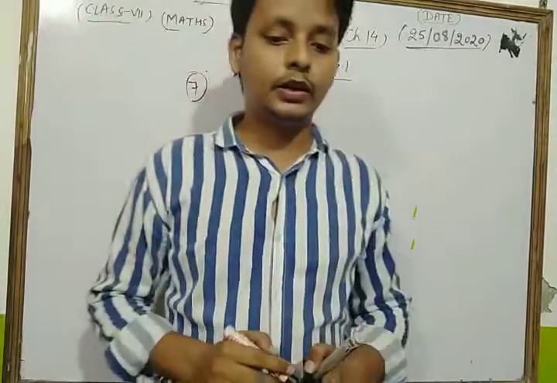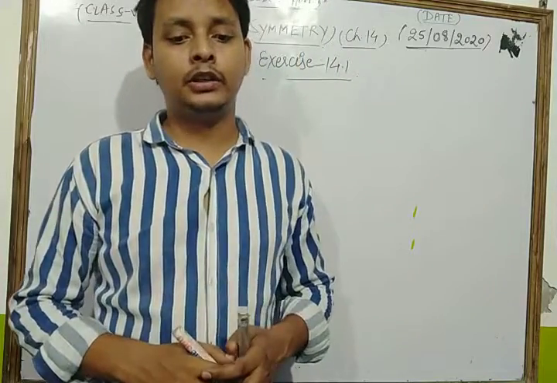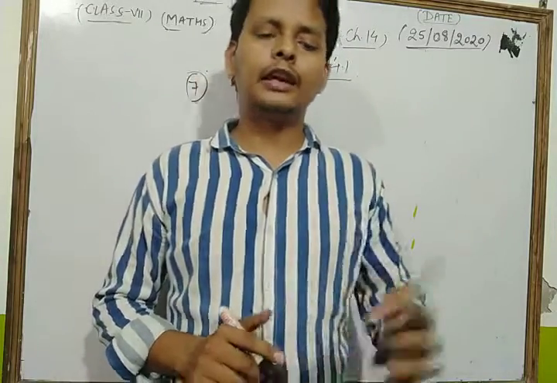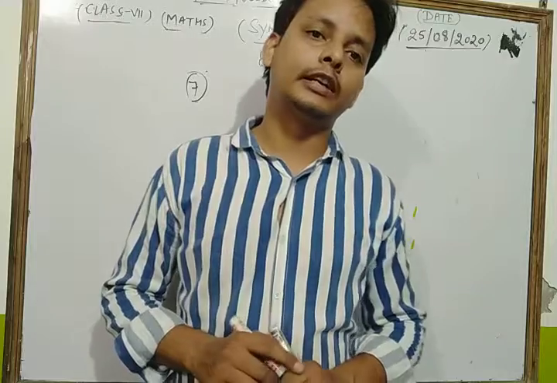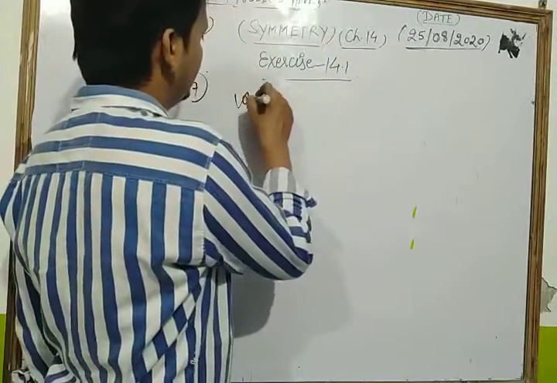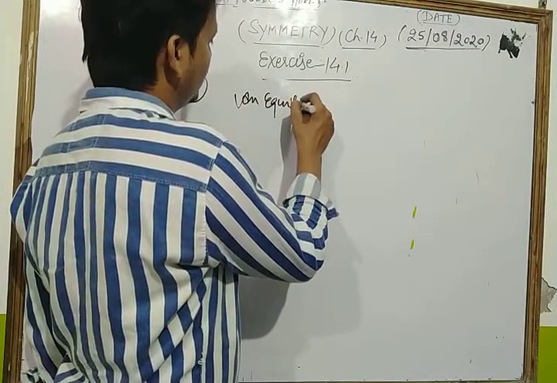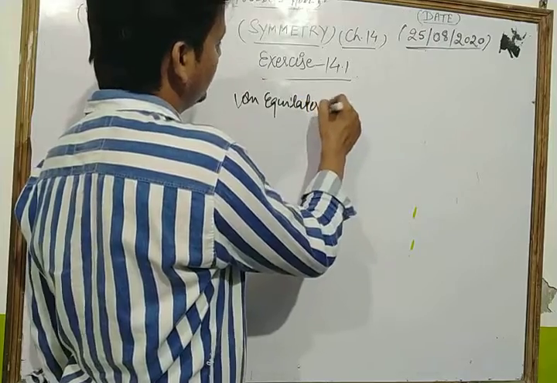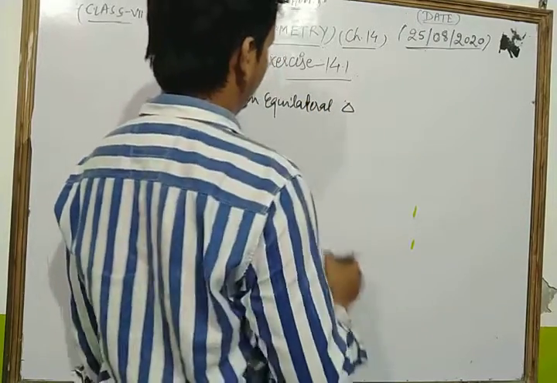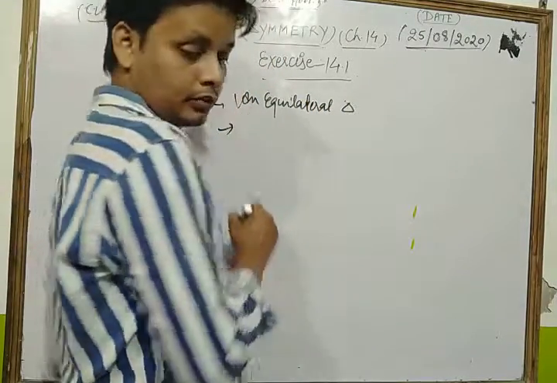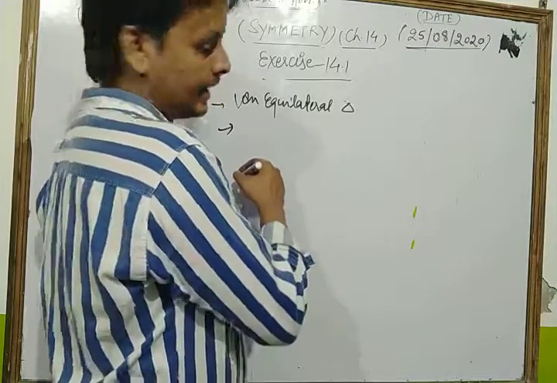In that question, state the number of lines of symmetry for the following figures. Your first figure is an equilateral triangle. The second one is an isosceles triangle.